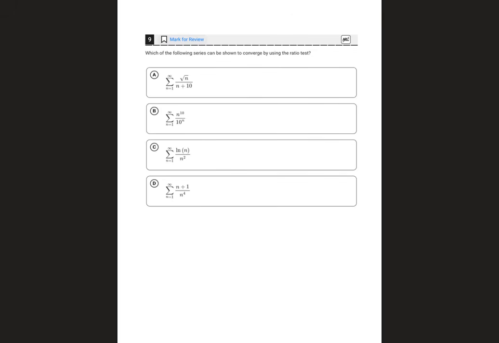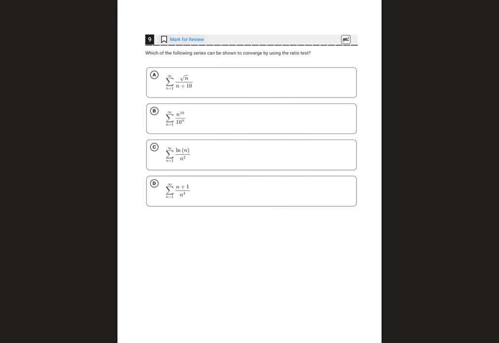They say, which of the following series can be shown to converge by using the ratio test. First, let's just make sure we find a series that will converge. This series won't converge because, forget about that 10. When n goes to infinity, that 10 won't matter.